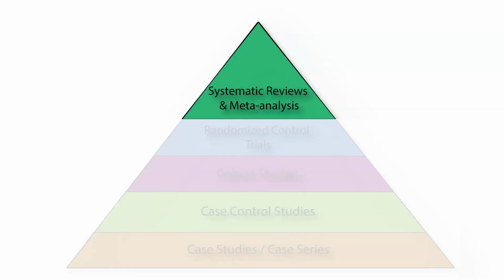Above that in the hierarchy, though, is an interesting group, and those are called systematic reviews and meta-analyses. These are situations where researchers look at the whole body of literature, look at thousands of patients, and combine them together into one research study, using techniques such as meta-analysis to bring those patients together to see if there is a treatment effect.